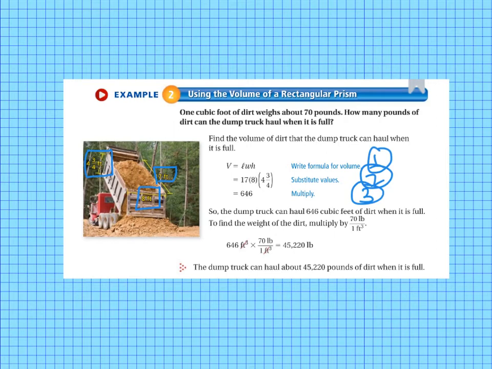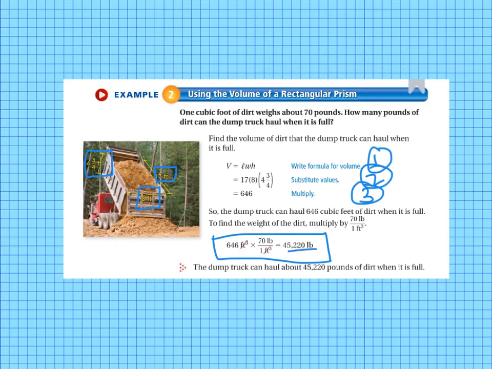It doesn't tell us how much it weighs. So the dump truck can haul 646 cubic feet of dirt when it is full. To find the weight of the dirt, we multiply by 70 pounds per cubic foot, which means we just multiply 646 by 70. The book kind of gives you the rationale for that here.